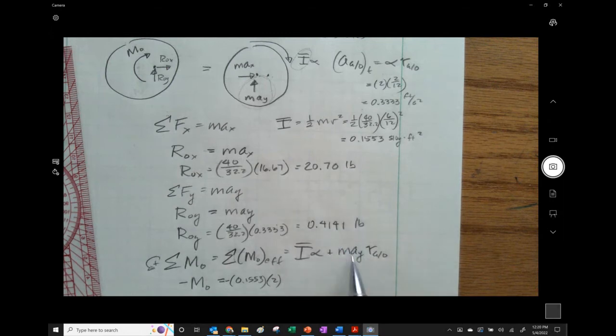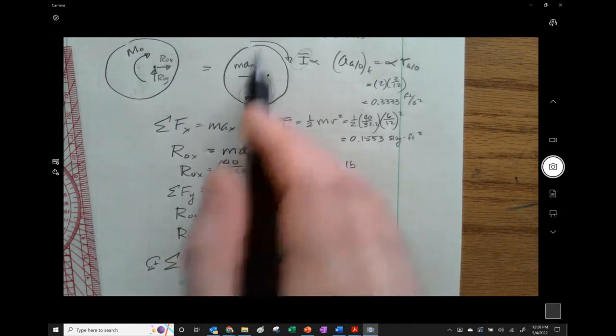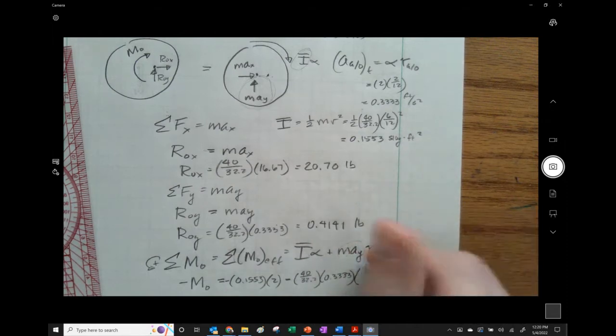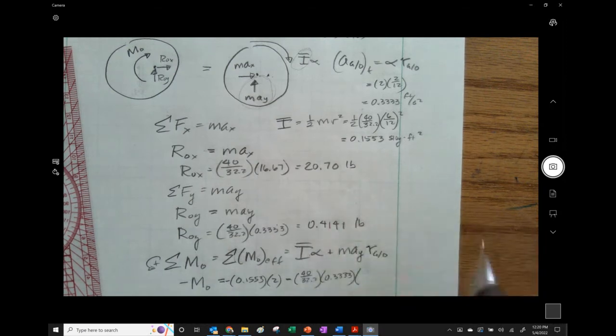But we also need this term right here, so that's going to be minus the mass, 40 over 32.2, and the acceleration in the y direction we already found, 0.3333. And this r is 6? No, not 6. It's just 2. It's the distance to the center of mass from the point that we're spinning about. So it's 2 over 12.